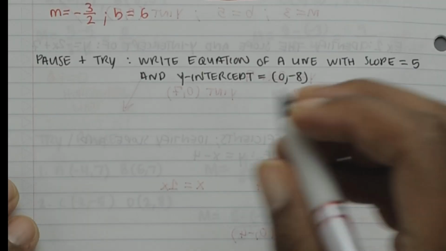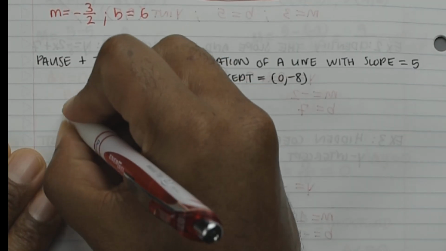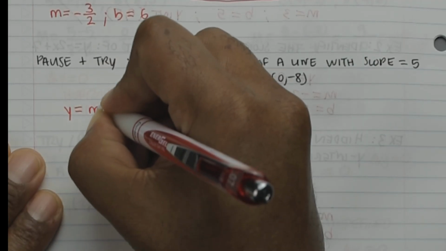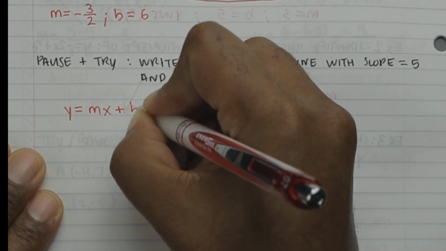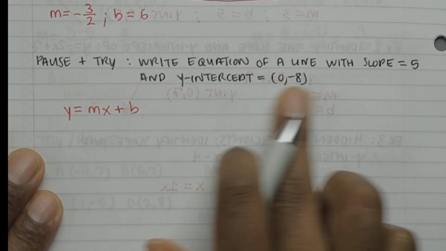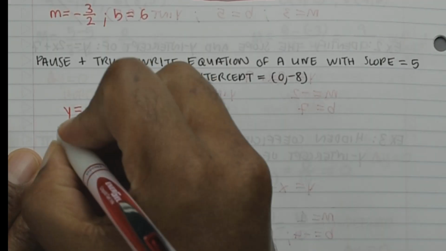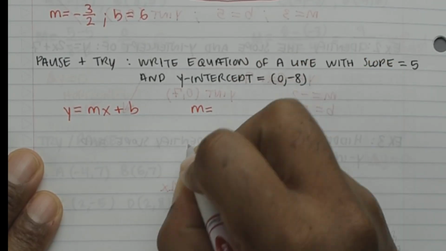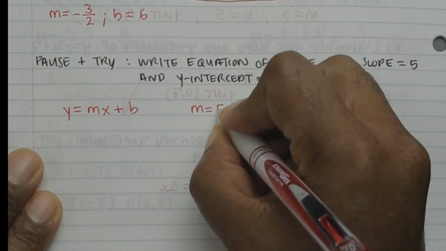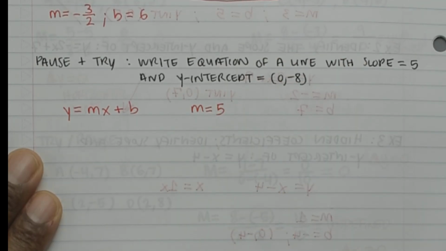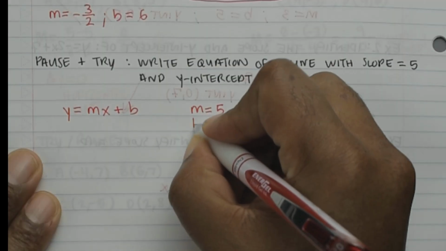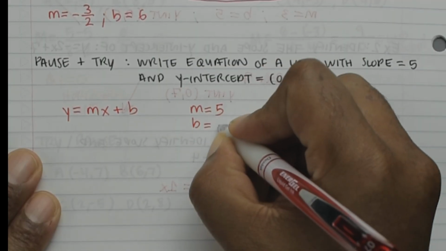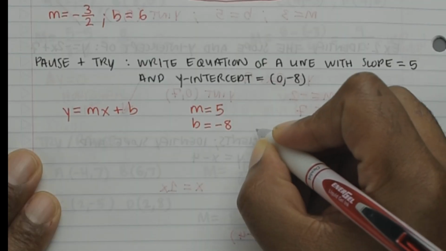So first of all, we want to write the slope-intercept form, y equals mx plus b. And we want to substitute this information in here. We know that the slope is going to be m equals 5. And we know that b is -8.